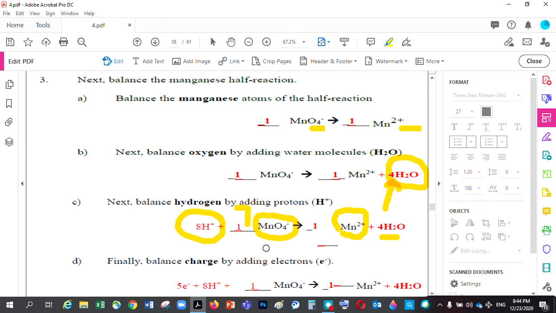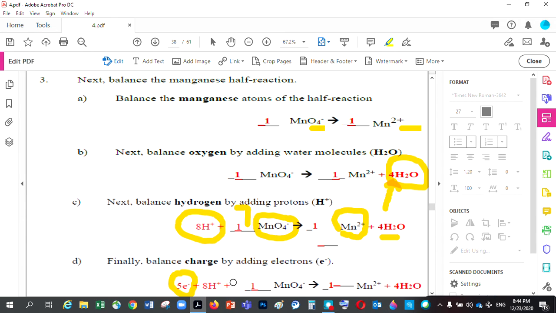So +7 here and +2 here. How much is the difference? 5. So we have to add to this reduction electrons, correct? The reduction has to be taking in electrons. So we have to add 5 what? 5 electrons. So 5 electrons with 8 H+ and permanganate. This is now balanced.